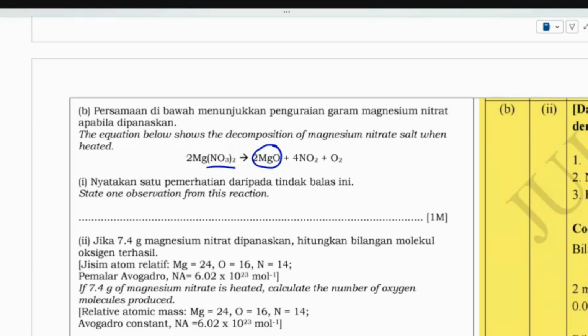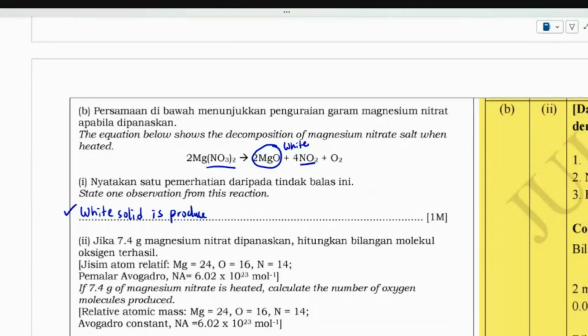When you burn magnesium, it burns with a very bright flame, right? After that, what is the residue formed? It's a white color, right? So one observation you can write is that a white solid is produced.